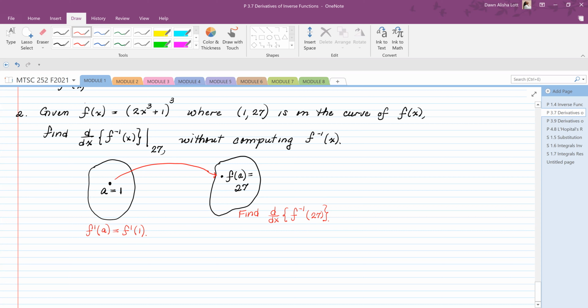So this is f. f takes me this way. And then f inverse takes me back.